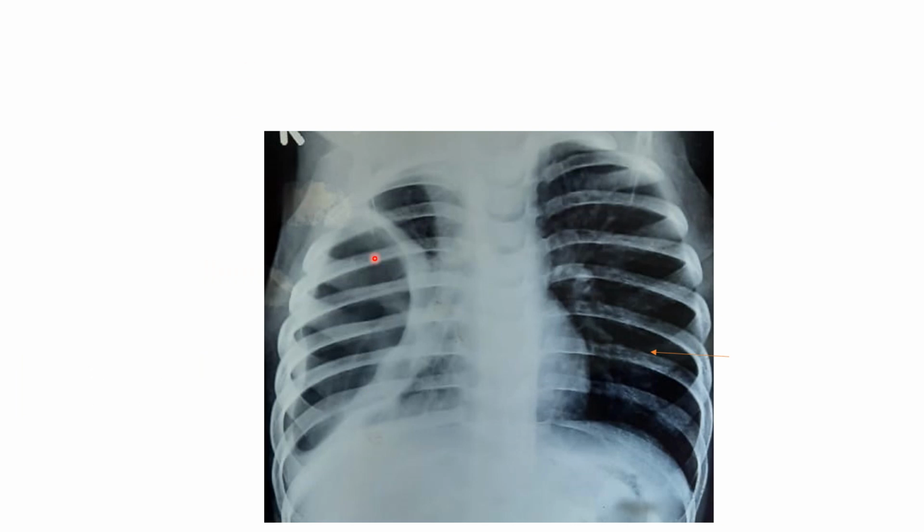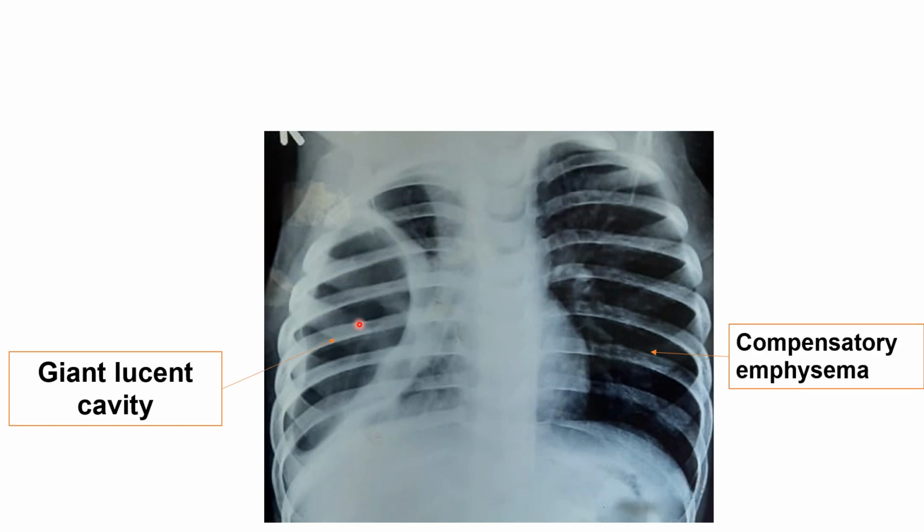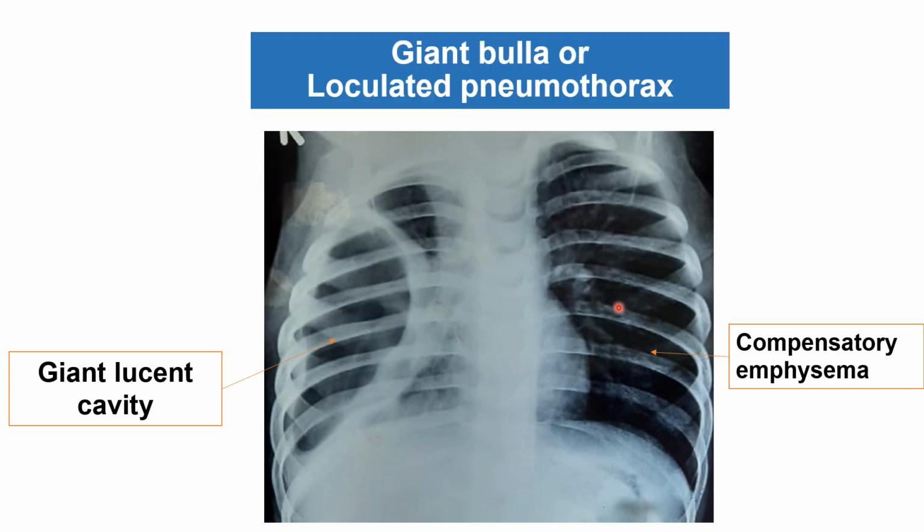Now in this X-ray, you can see this is the cavitary lesion which is present in the subpleural space, a radiolucent cavity. So this is the giant lucent cavity in the right lung field. As it is present with emphysematous changes in the lung field, it can be a giant bulla, or we can say it may be a loculated pneumothorax also.